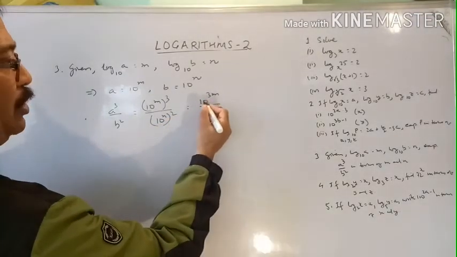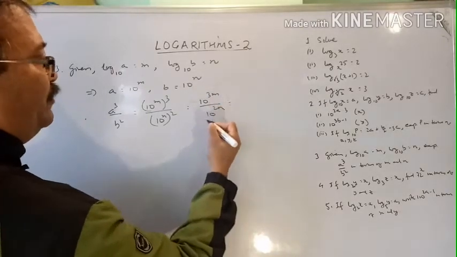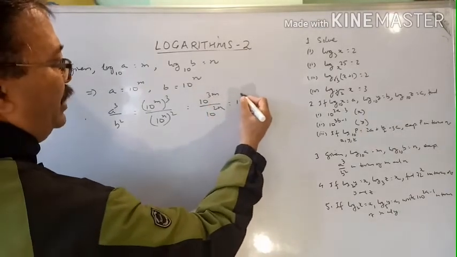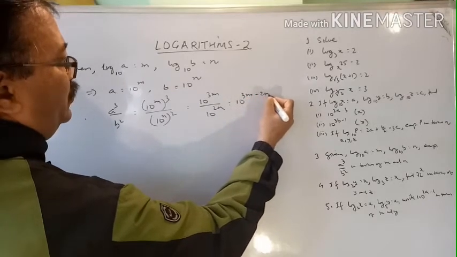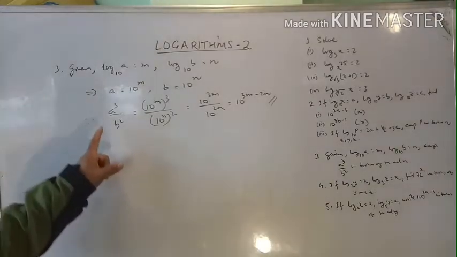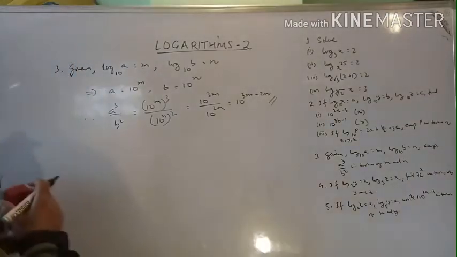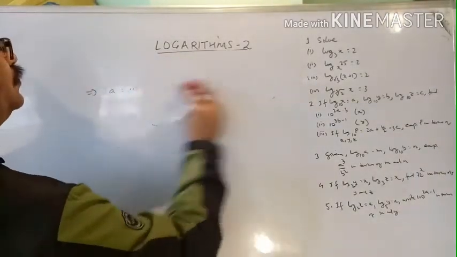Now since these two powers have the same base, you can divide. When you divide, exponents are subtracted. So you get 10 to the power 3m minus 2n. So this is the answer. So we have expressed a cube by b square in terms of m and n. Right? So now we'll take question number 4.